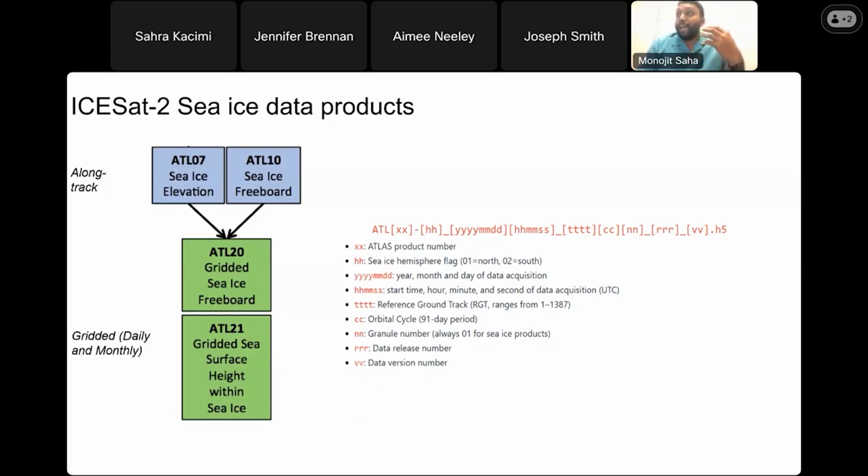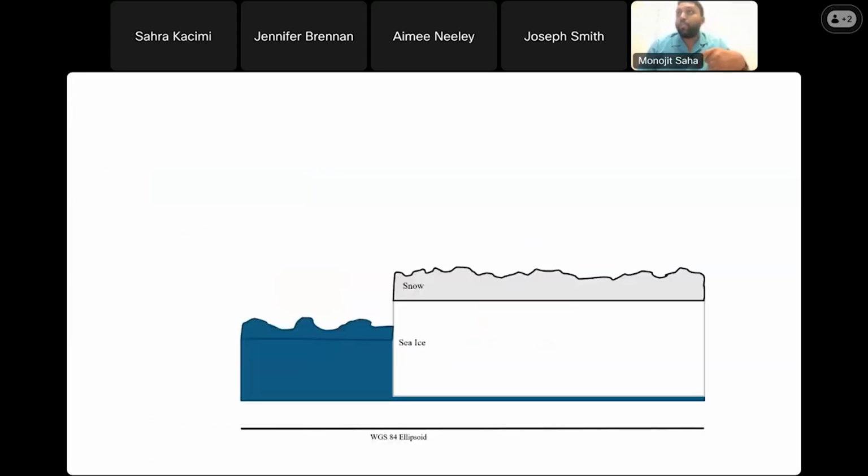We can get an idea about the temporal resolution and also the exact minute or second of data acquisition. We can also understand the reference ground track, which can be used to trace back which particular track you're working with. So a lot of vital information can be obtained when we are working with this ICESat-2 product.